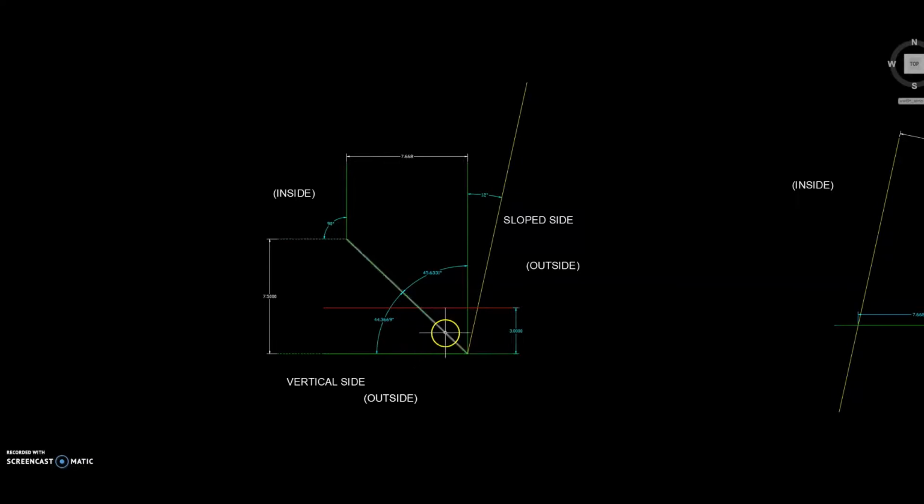The last three lines we have placed here: the yellow representing the slope, the green representing the horizon plane or bottom footprint, and the red line representing a horizontal plane 3 inches above the bottom footprint plane, which is the green.